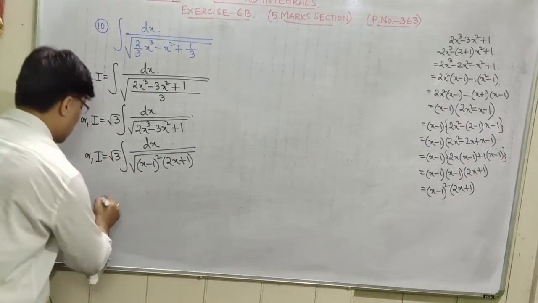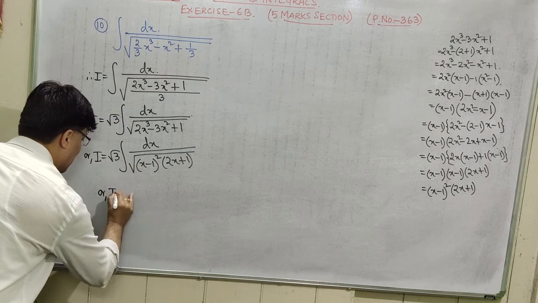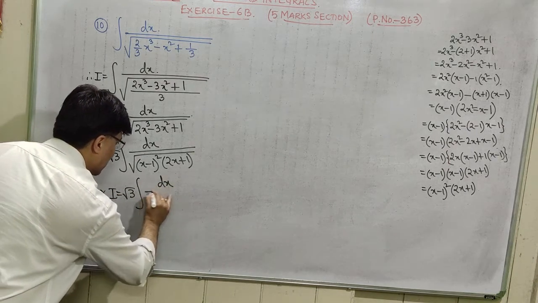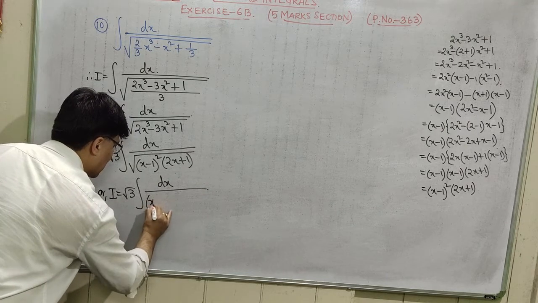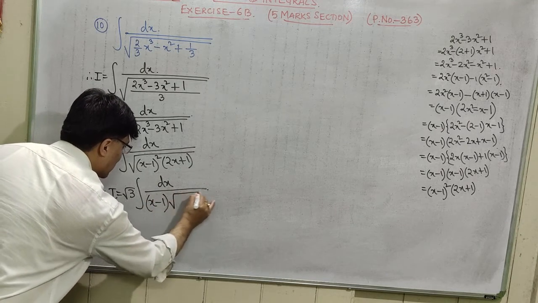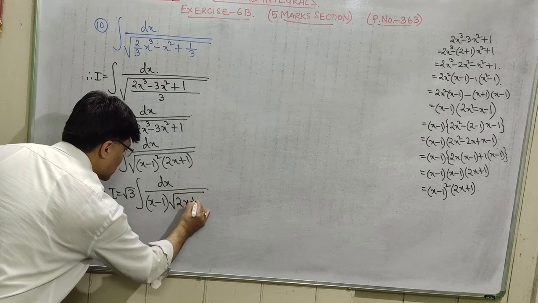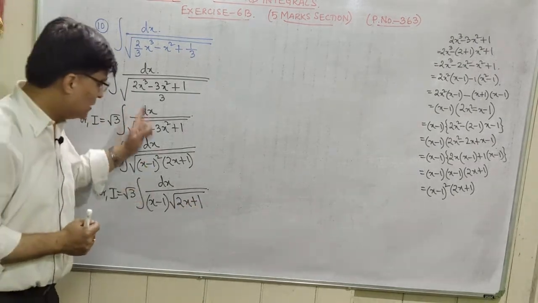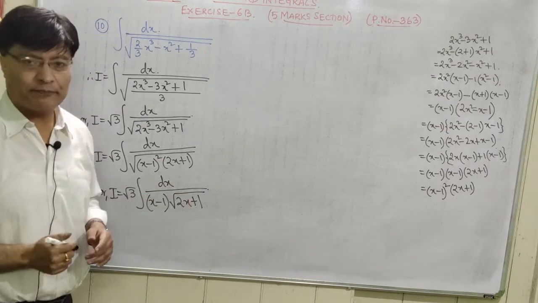It can be taken outside. So I is equal to root 3 integration of dx divided by x minus 1, then within square root, this is 2x plus 1. Now here in this case we can use the first method.